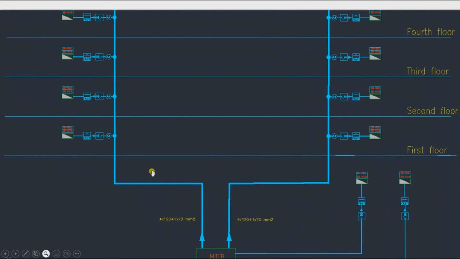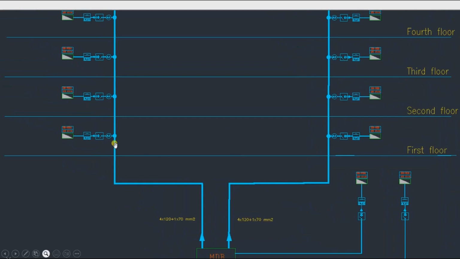Now I would like you to think carefully. Will these apartments work at the same time, or will they not work at the same time? They will not work at the same time. Not all of these apartments will have the maximum demand at the same time. That's why we will have to apply another factor. This factor is called the diversity factor. Diversity factor represents the diversity between different loads.